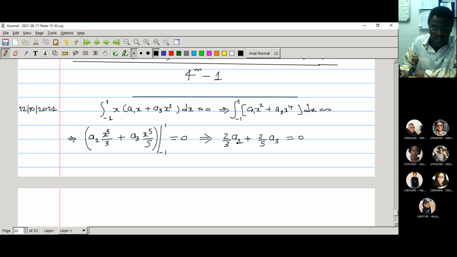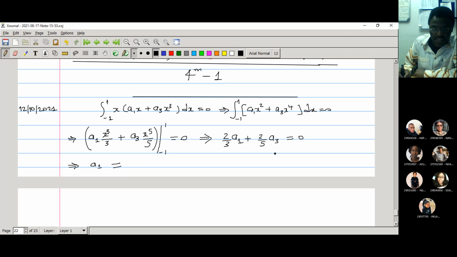So you can see that they depend on one another. Because we have a common 2 here, we can cancel out by 2. So this will give us A1 by 3 equal to -A3 by 5, or I can write that A1 is equal to what?